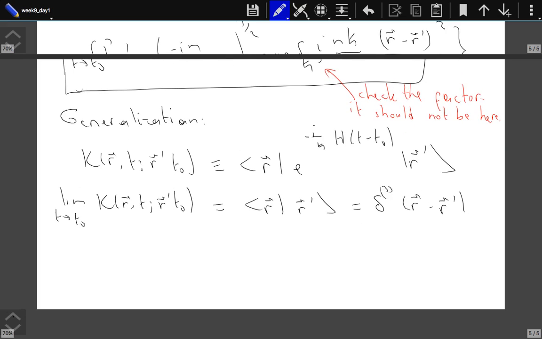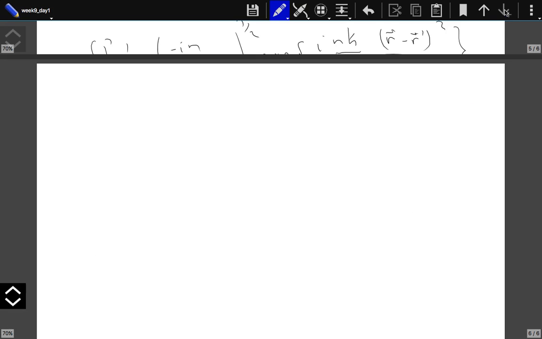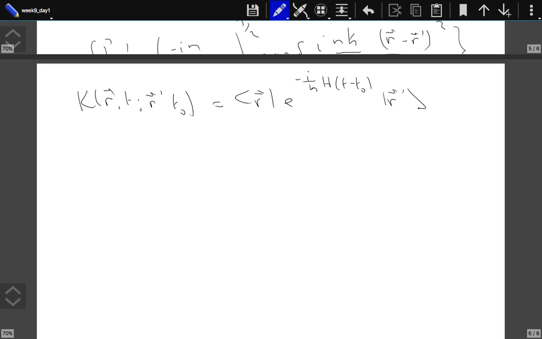Now, what else do we know about this function K(r t, r prime t0)? By definition, it was <r| e^(-i H (t - t0)/ħ) |r prime>. Let me take its time derivative with respect to t.